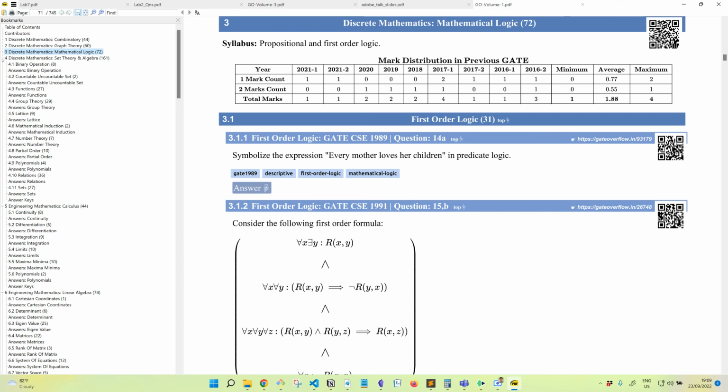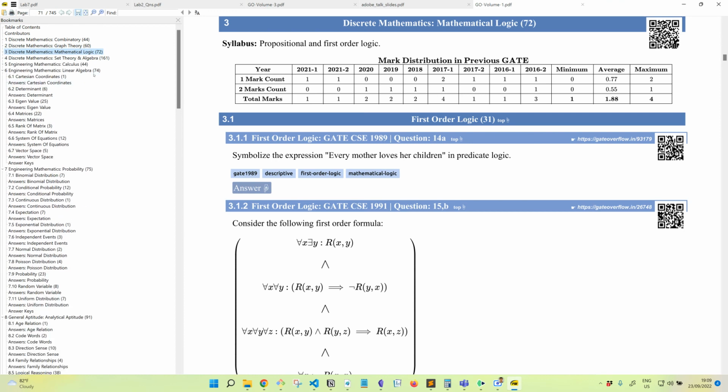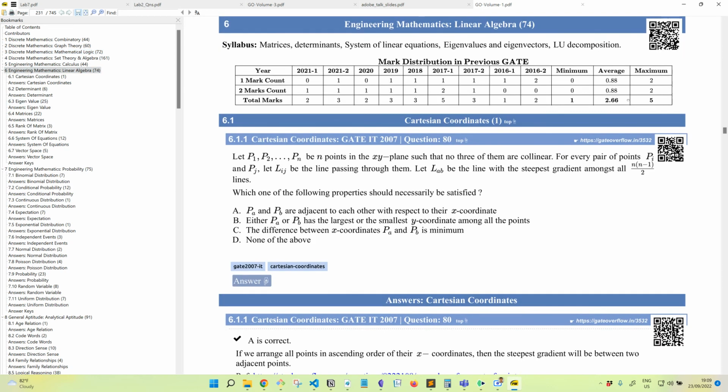One thing I liked in these books is how they are organized. We are seeing linear algebra, right? Here, for LA, they have given the minimum and the maximum marks you can expect, along with the mark distribution. Moreover, they organize the previous year questions in terms of concepts.